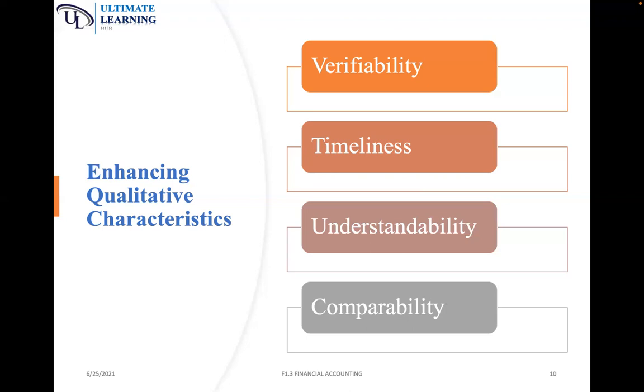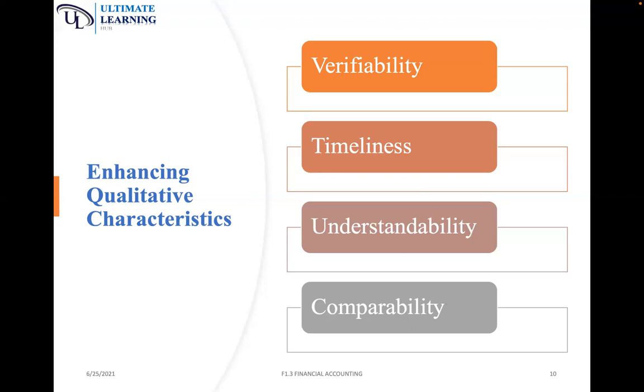Number one, verifiability. Accounting information should be, as far as possible, capable of verification by knowledgeable and independent observers who must be in a position to reach a consensus. So we are saying that information is verifiable if it is possible to be verified by knowledgeable and independent observers.